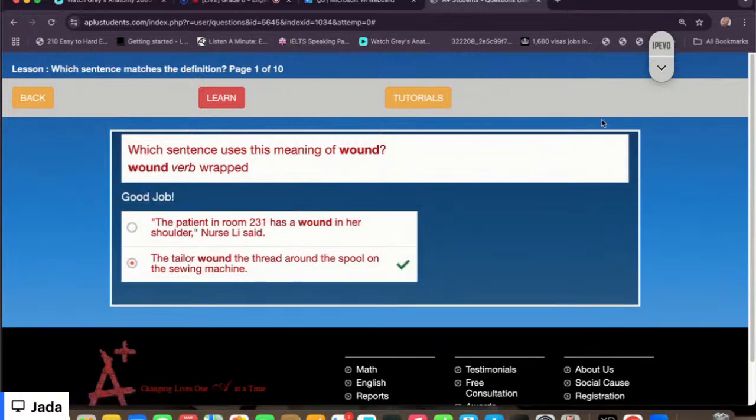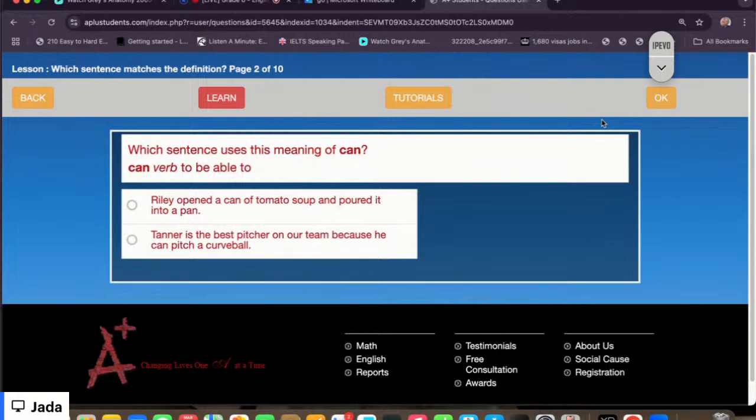So the second, okay? All right, next up we have, which sentence uses the meaning of can? Can, verb, to be able to. Larry opened a can of tomato soup and poured it into a pan. Tana is the best pitcher on our team because he can pitch a curveball. So, which is the right meaning of can here?